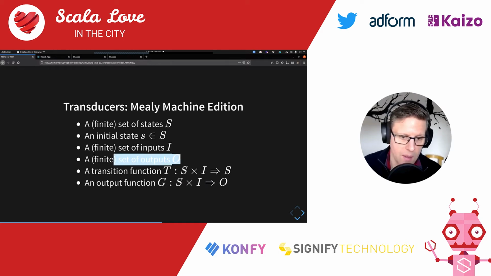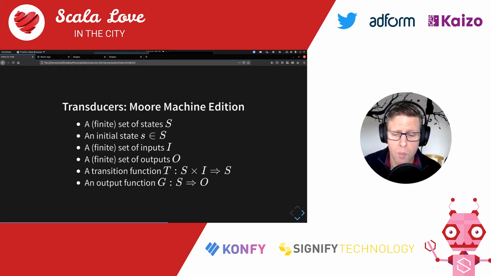Sorry, this is new as well: we have a set of outputs. And in the Moore machine, we just have a simpler output function that depends just on the state, not on the input.